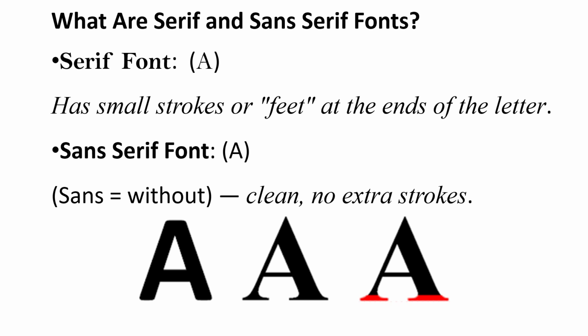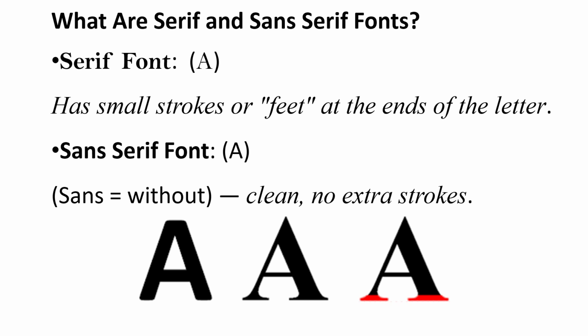So you can appreciate what is serif. What is serif? That which has extra strokes or feet. We have shown it in red color. In the third picture, you can see at the bottom the red color. That is the extra strokes. That is the extra feet that constitutes serif font.